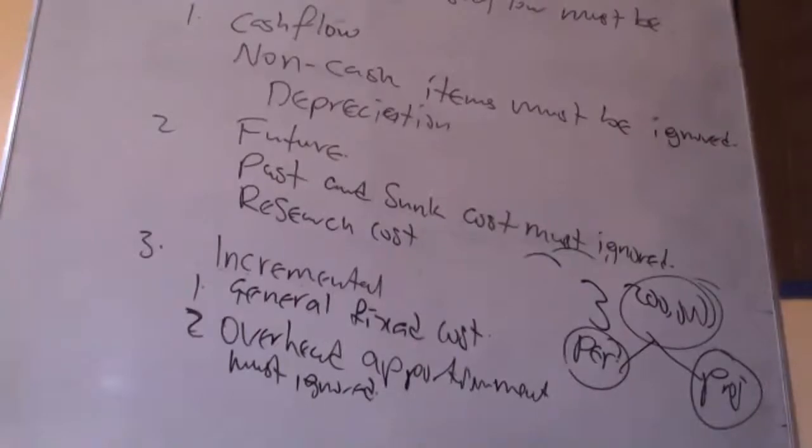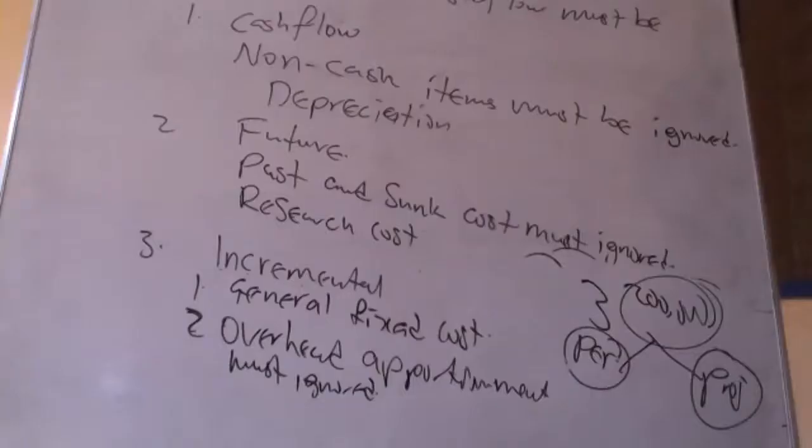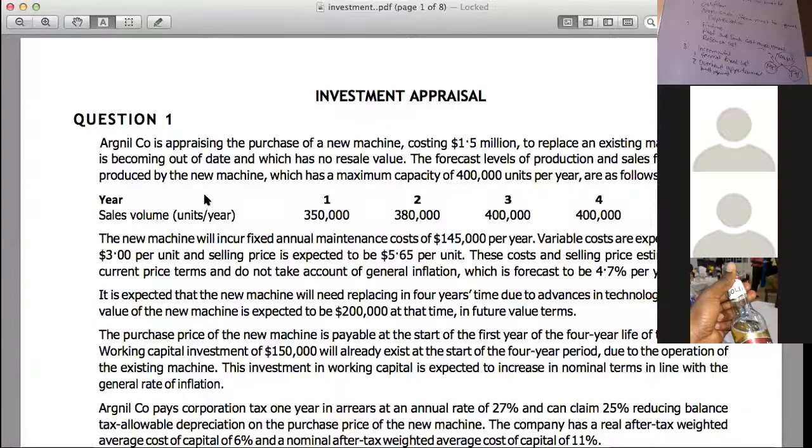Good. So let's see. The question is ready. That is ICA November 2017. Hey, which one have I opened? In trouble. I think it's a different question I've opened. Now let's see if the question is in. Yes, the question is in.